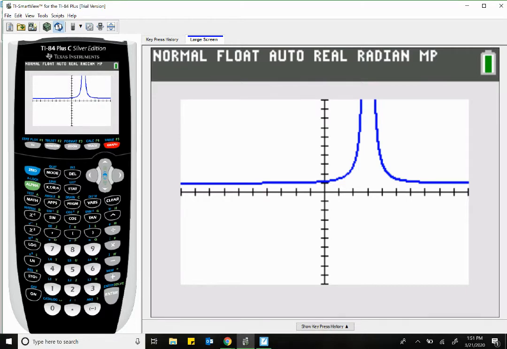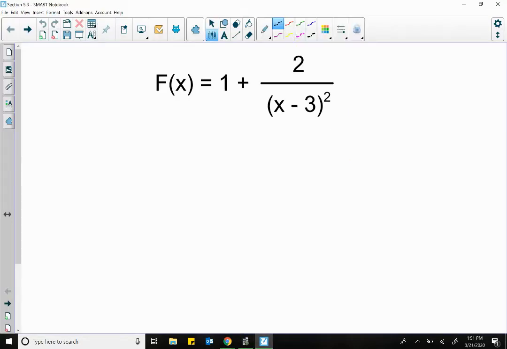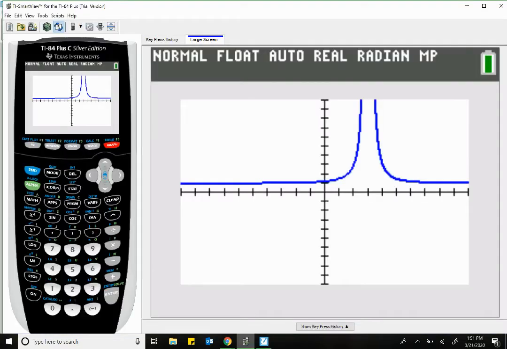So we saw that we had a horizontal asymptote. A horizontal asymptote is just a horizontal line that your graph will not cross. And we saw that horizontal line is running horizontally at the number 1.